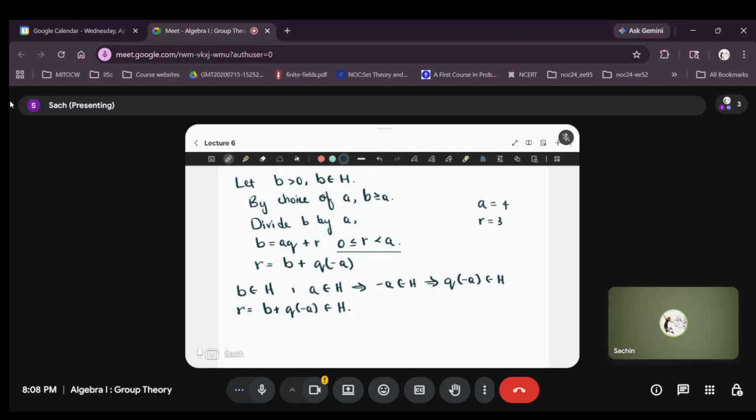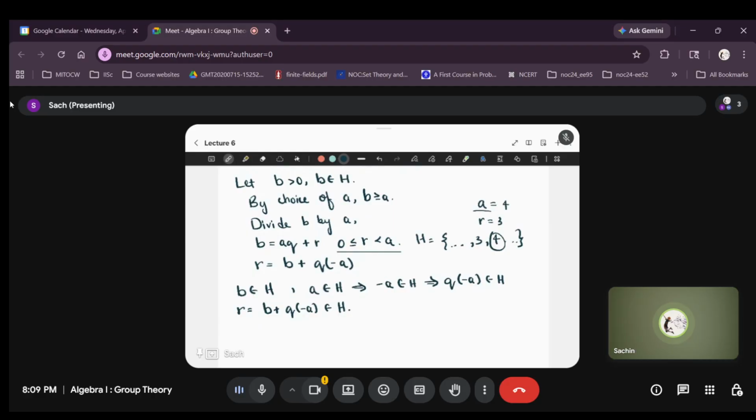I just showed that initially we chose A from H. So 4 is in H. Then I showed that R is in H. So 3 is also in H. Then I said initially, when I was choosing A, that 4 is the smallest positive integer in H. Does that make sense?